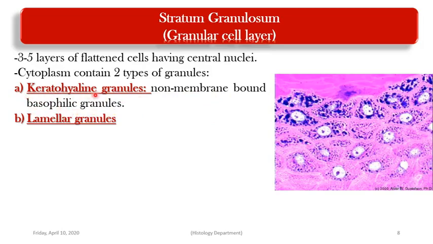These keratohyaline granules contain a material or protein that binds the keratin filaments together to form keratin bundles. The other type of granules present in these cells is the lamellar granules, which I mentioned before in the previous layer, the stratum spinosum layer.